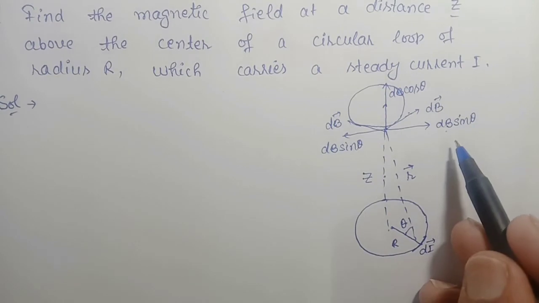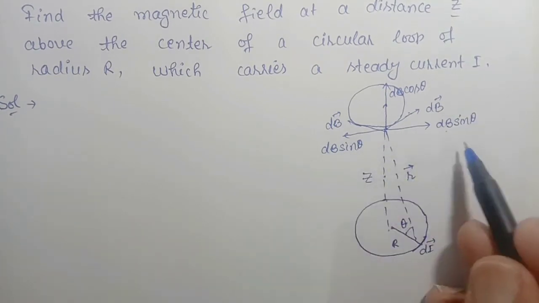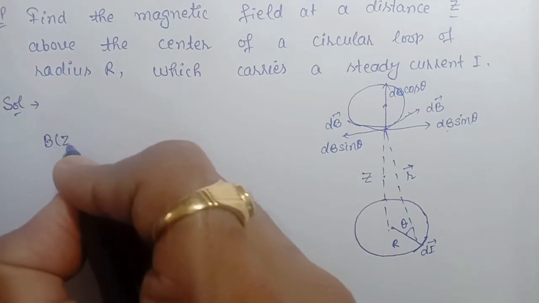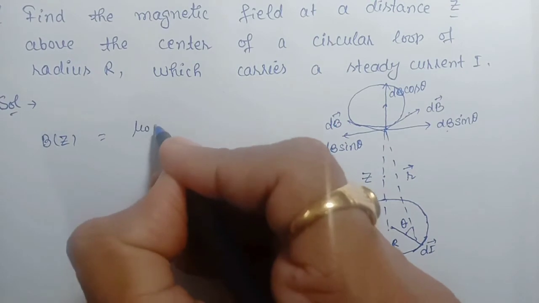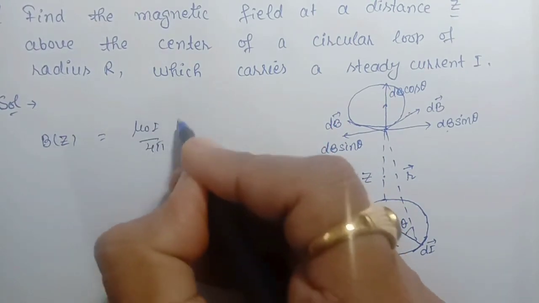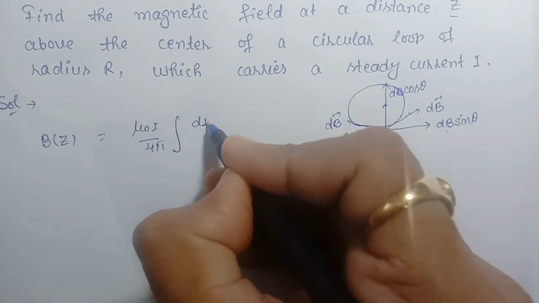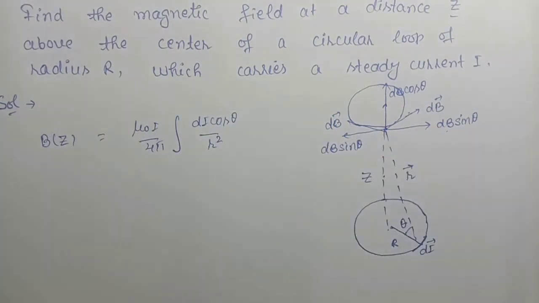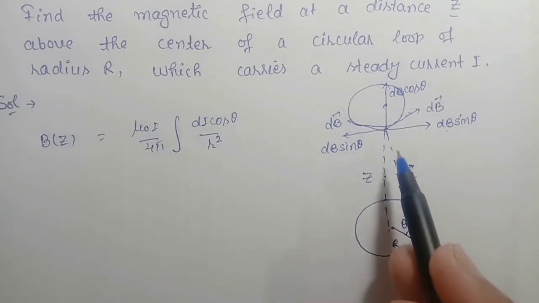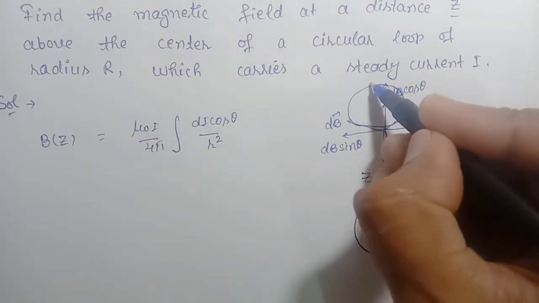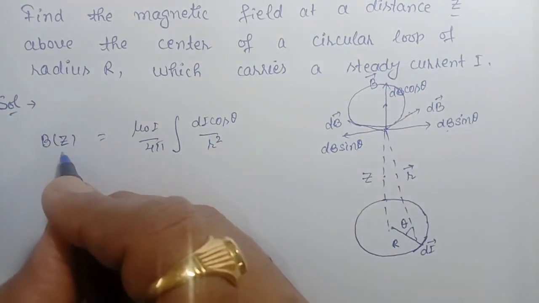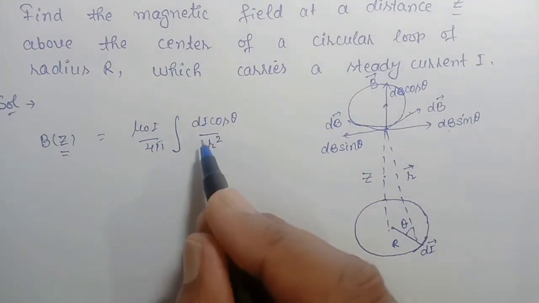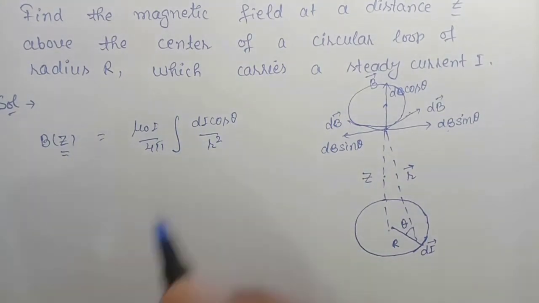So here these horizontal components will cancel out, and for the net vertical component we get Bz equals mu naught I over 4 pi, dl cos theta over r square. So the net magnetic field, in the direction of z, along the z axis, equals mu naught I over 4 pi, dl cos theta over r square.